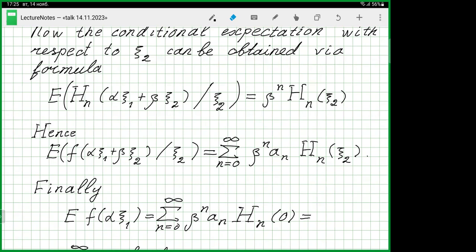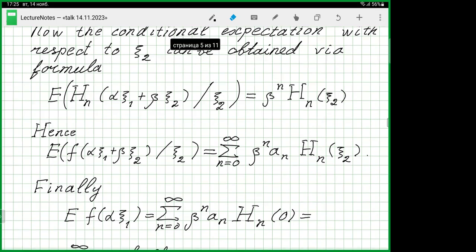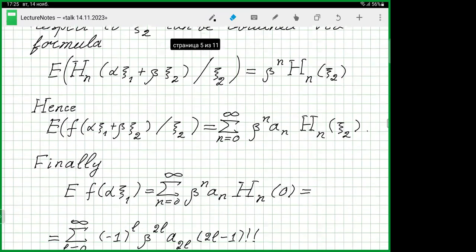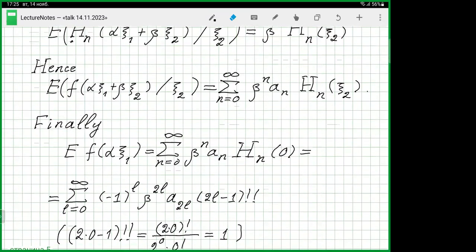Moreover, one can easily calculate h_n of 0 by using, for example, the exponential generating function for Hermite polynomials. Let's do this, and we get the final answer. This is the final answer. This is the sum from l equals 0 to infinity of (minus 1) to the power l, beta to the 2l, a_{2l}, over 2l minus 1 double factorial.